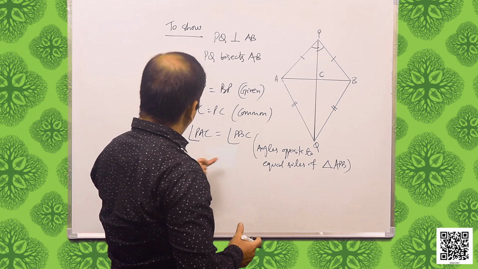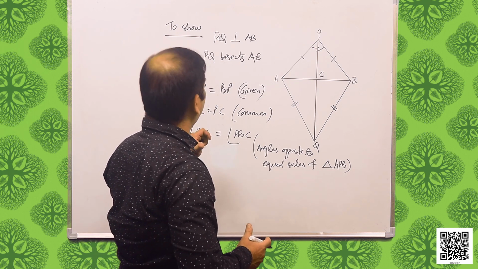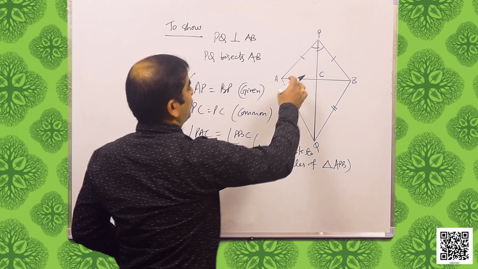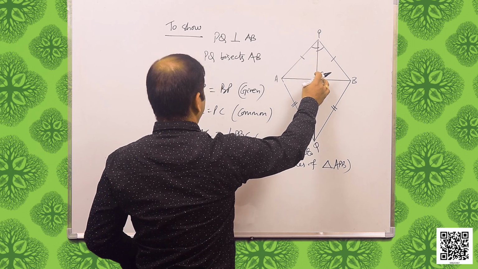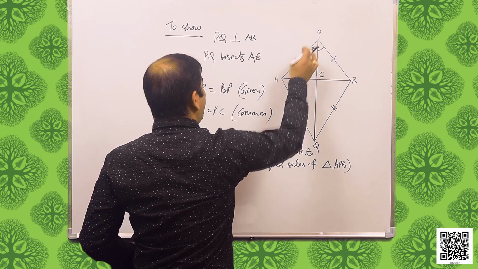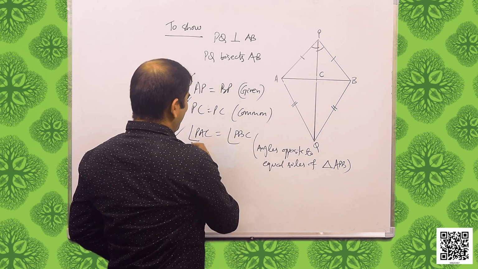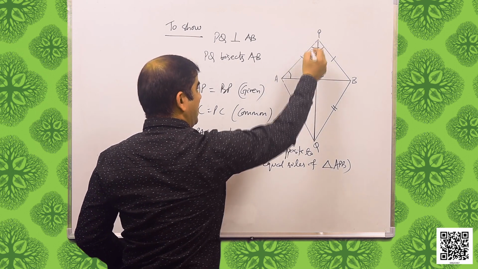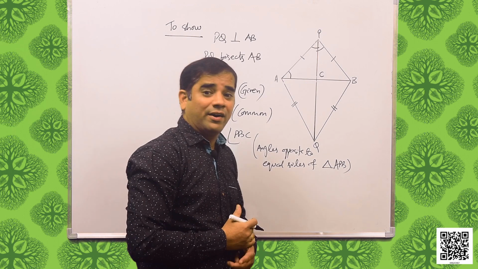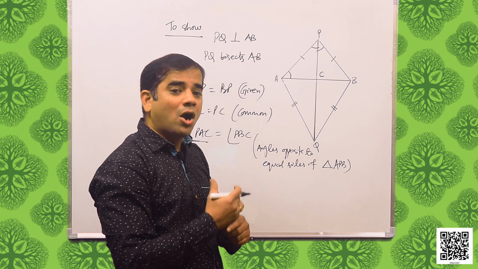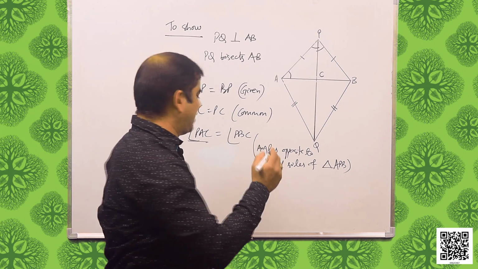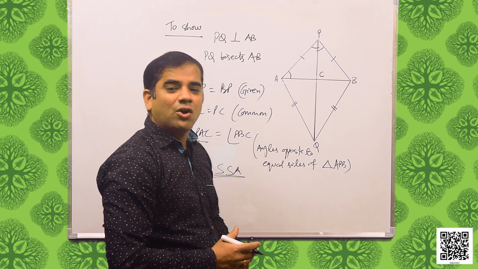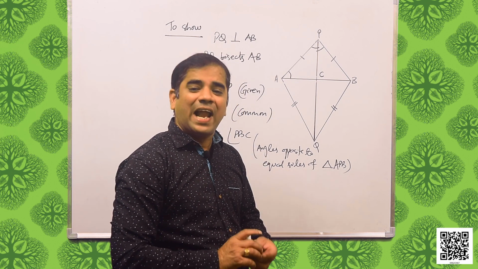Let us check whether these angles are included angles of those triangles or not. AP and PC, okay, AP, PC and angle PAC. So this angle is not the included angle for AP and PC. So we cannot go for the SAS rule of congruency. It is giving us the SSA rule of congruency, which is not always valid or true.